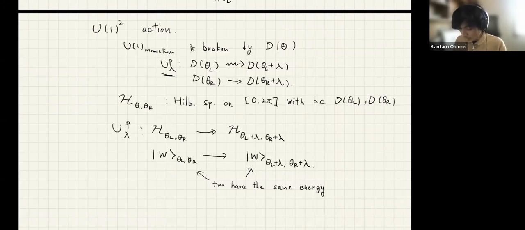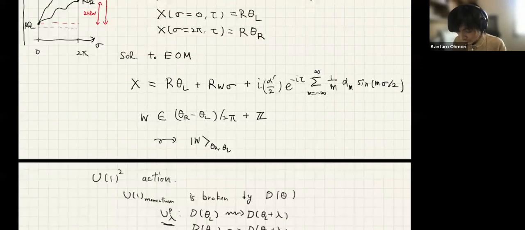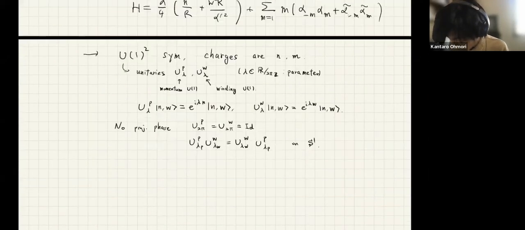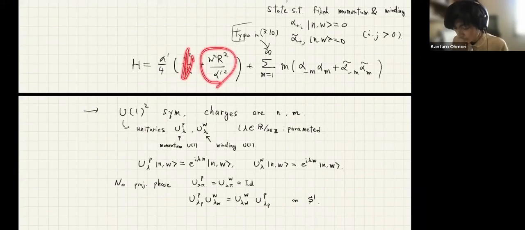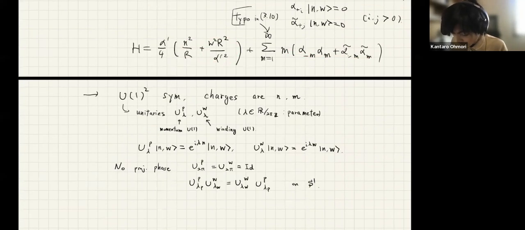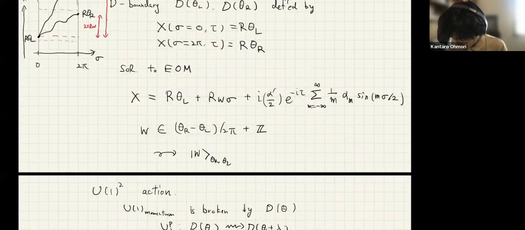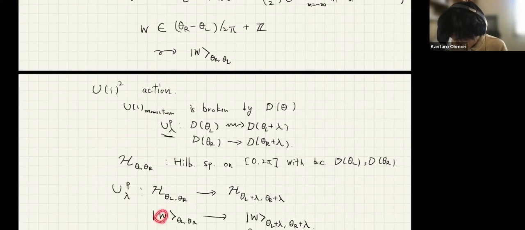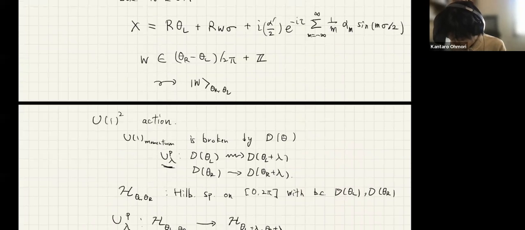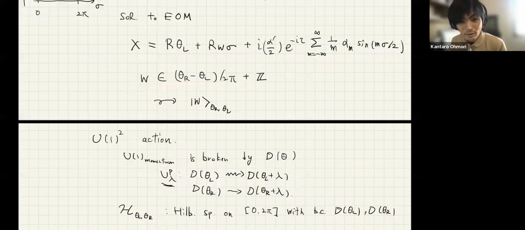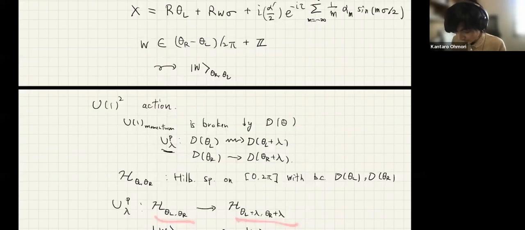The Hamiltonian is the same, you just ignore this word. Also it's obvious that the same W satisfies this condition on both sides, because the difference between theta R and theta L is the same.